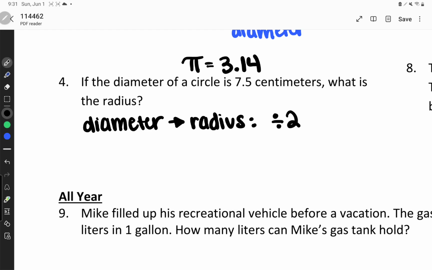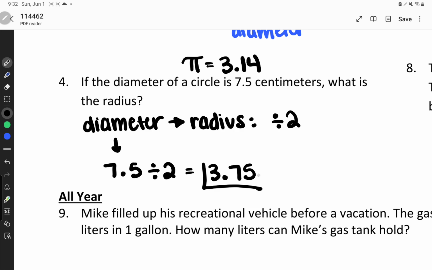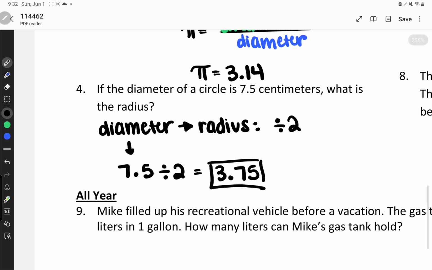My diameter is 7.5, so I would do 7.5 divided by 2. And when I do that, that gives me 3.75. That's probably not correct. Hold on. That was correct. Okay, so 3.75 is our radius.